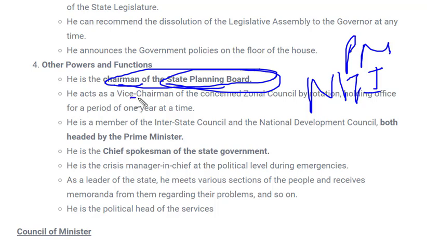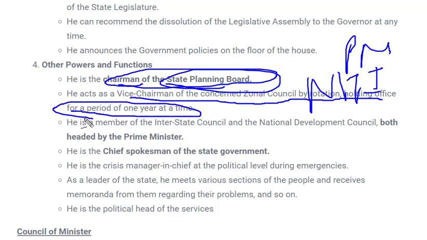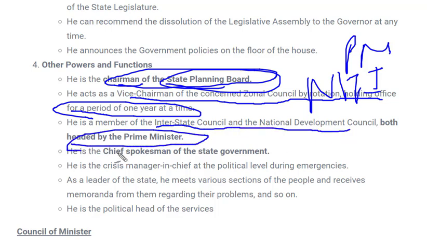He acts as vice chairman of concerned zonal council by rotation of office for a period of 1 year at a time. That means chief minister plays the role of vice chairman of zonal council. Next, he is a member of interstate council and national development council, both headed by prime minister. So what is this? As we know, we have a federal system of government.